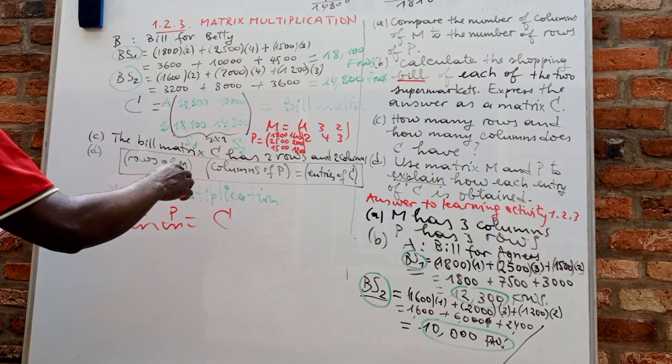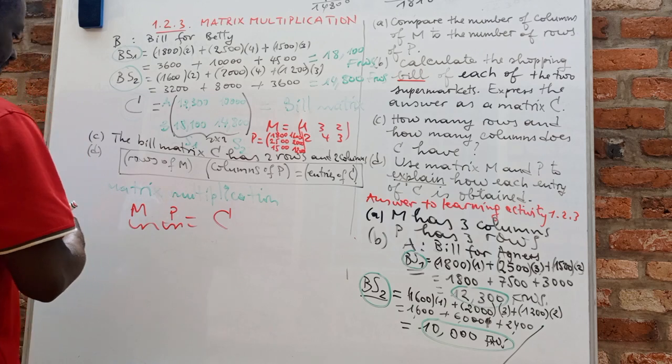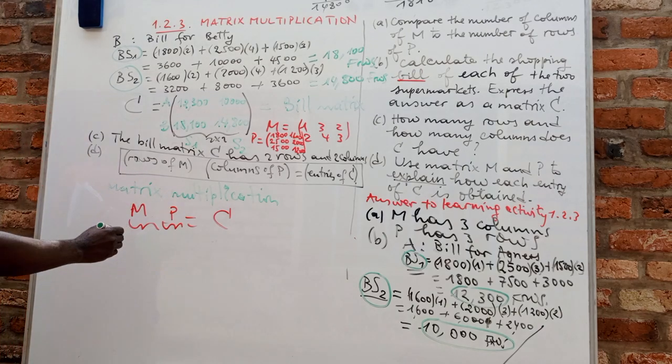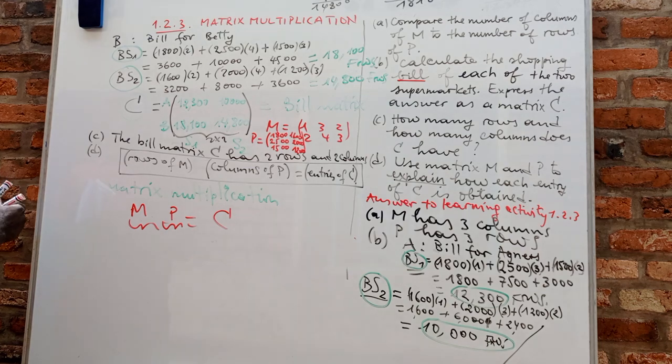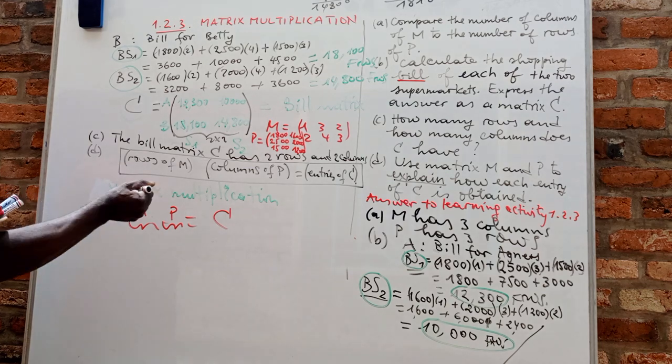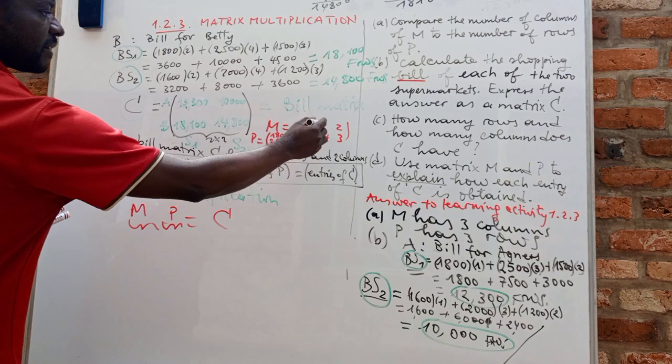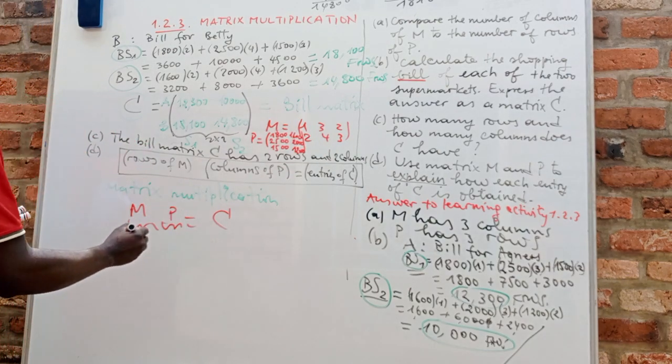So how many rows and how many columns for each? Matrix M is 2 by 3.